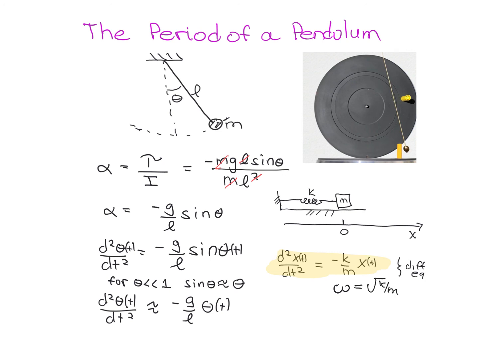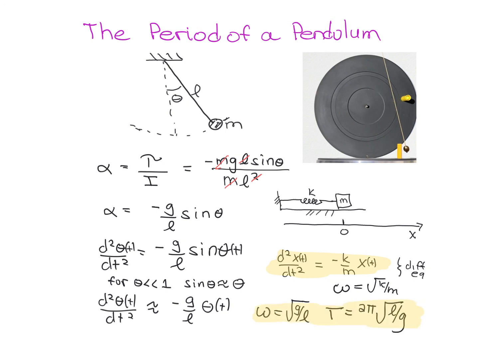So without doing any additional work, we know that the angular frequency of a pendulum is equal to the square root of g over L, and the period of a pendulum is just equal to 2 pi over omega. So the period should be 2 pi times the square root of L over g.